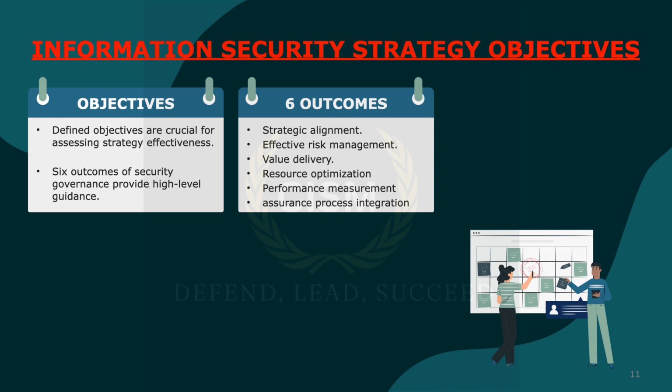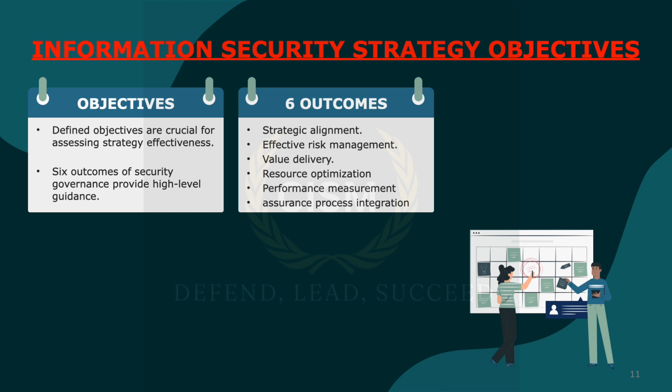Under the 6 outcomes, the first is strategic alignment. Friends, making sure the security plan matches up with the overall goal of the business. Second, effective risk management. Friends, doing a good job, right, at understanding and handling the risk to keep things secure. Next is value delivery. Friends, getting the most out of the security efforts in terms of benefit and value for the business.